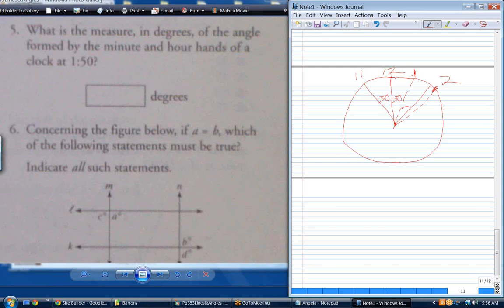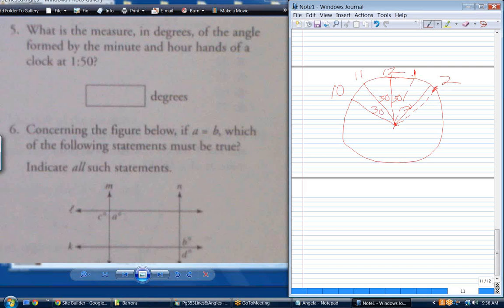In other words, what's this angle right here? Well, it's not going to be quite 30. Excuse me, I made a mistake here, first of all. 50 goes to 10, right? Yeah. So we need this 30-degree angle also. It's less than 30, correct?